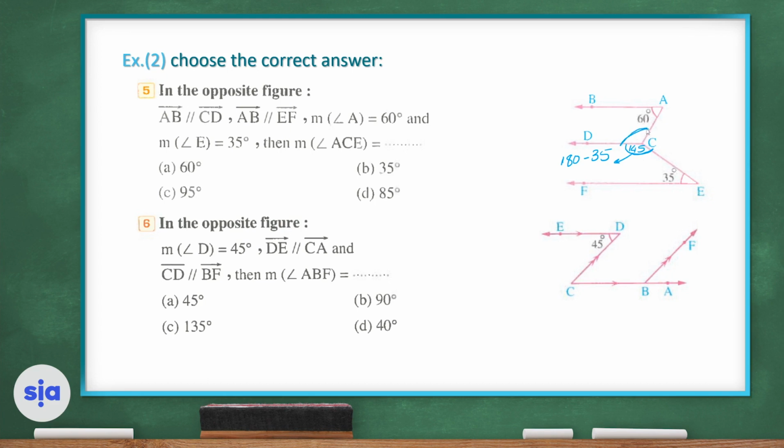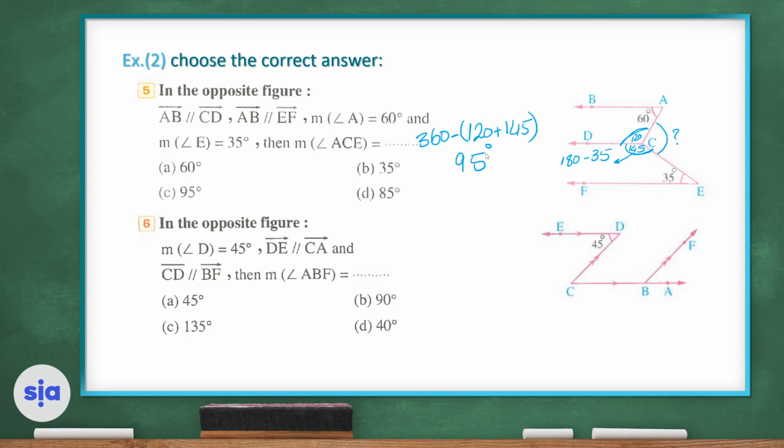And this angle is 180 minus 60, which is 120. To find the measure of angle ACE, it's 360 minus 120 plus 145, so it is 95 degrees.